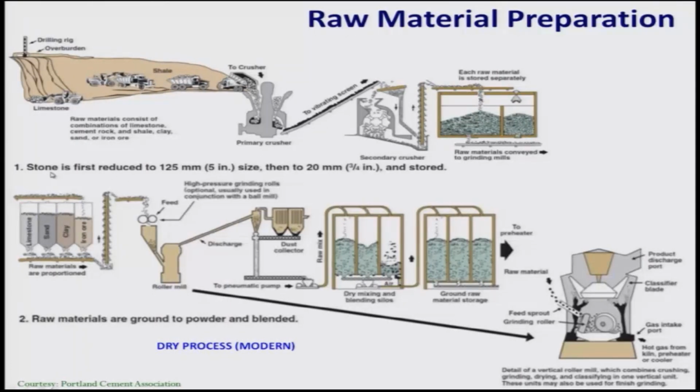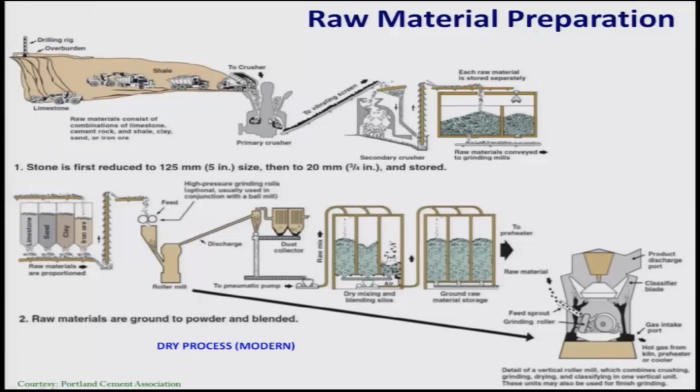In the first step, the stone is first reduced to 125 mm size and then to 20 mm size and then stored. So, in the figure what you see is, this is the quarrying process where sometimes we may have to drill. If the sources of rocks are very hard, we have to drill it, or sometimes we have to blast it, and finally dump trucks carry all this material and put everything in a primary crusher.